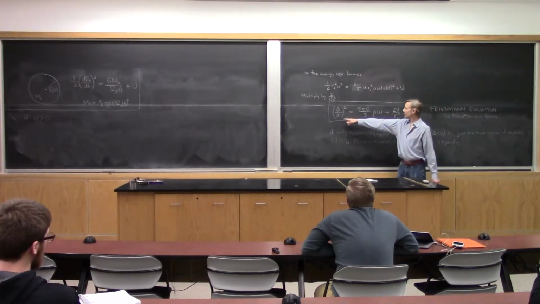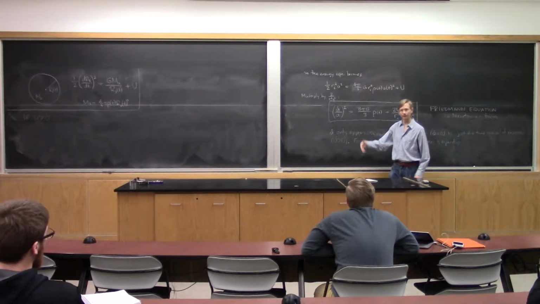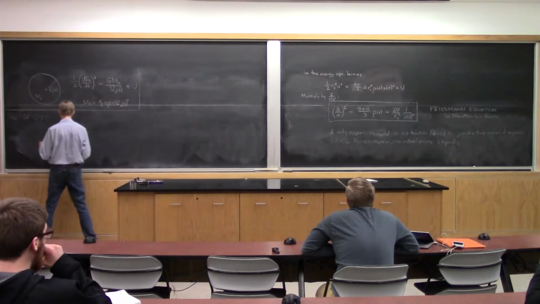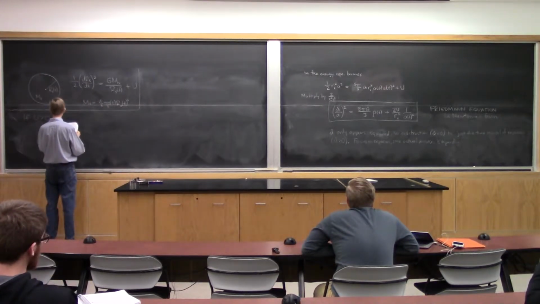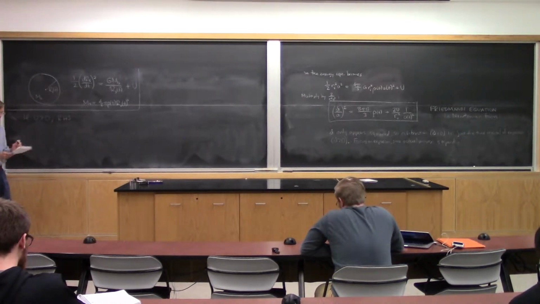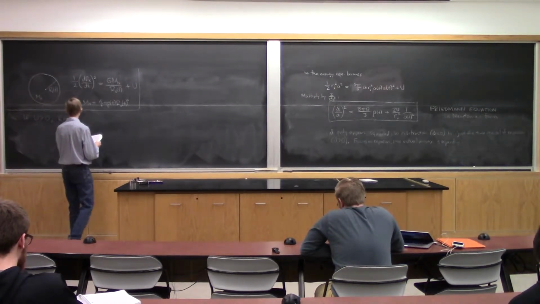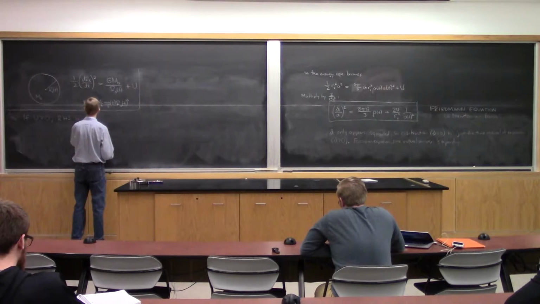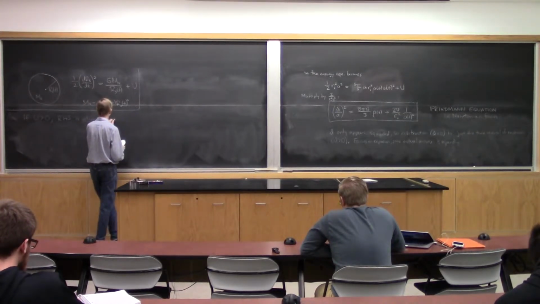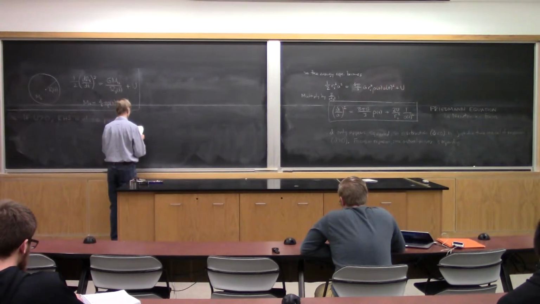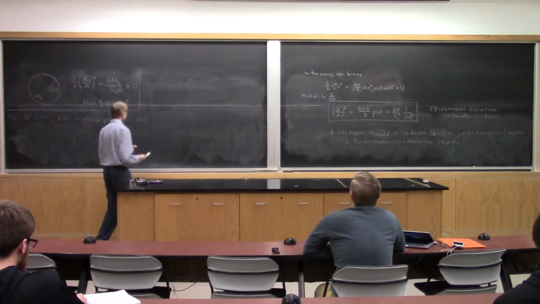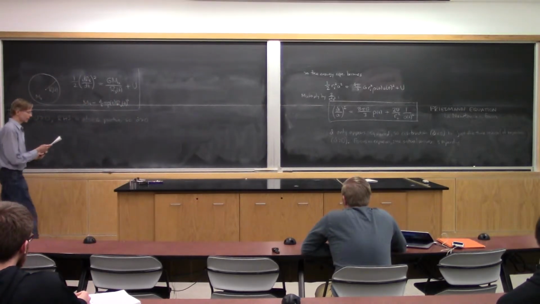So that would say that a dot over a squared is positive. If u is greater than 0, the right-hand side is always positive. So a dot is going to be greater than 0 at all times.